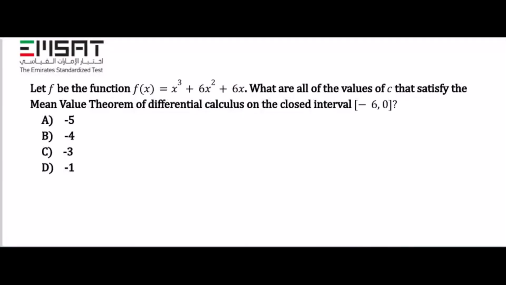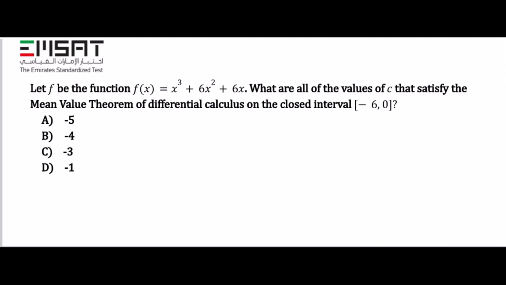Let f be the function f of x equals x to the power of 3 plus 6x squared plus 6x. What are all of the values of c that satisfy the mean value theorem of differential calculus on the closed interval -6, 0?